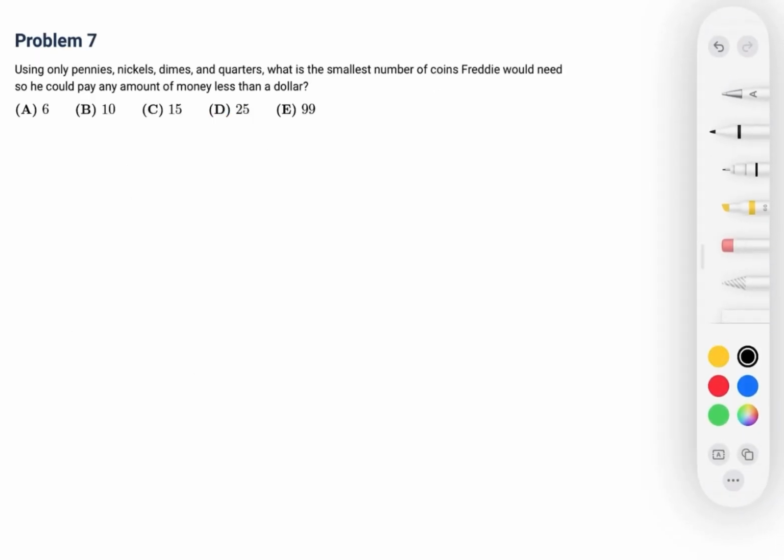Okay, problem 7. Using only pennies, nickels, dimes, and quarters, what is the smallest amount of coins Freddie would need so he could pay any amount of money less than $1? Well, the largest amount you can have that's smaller than $1 would be 99 cents. So, we can set ourselves up a table with 99 cents at the top center.